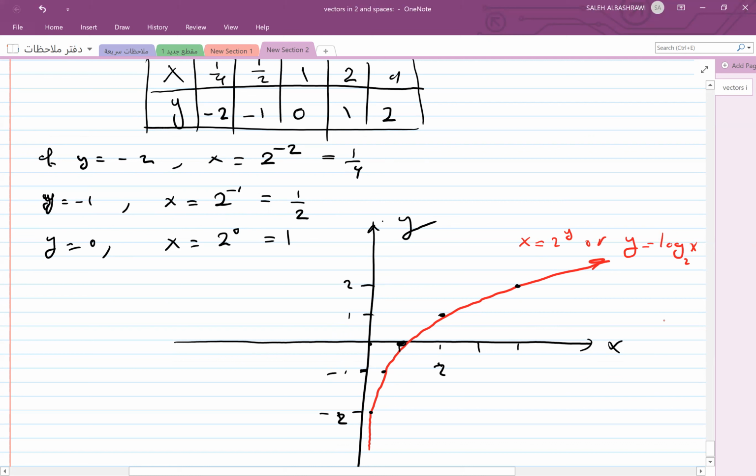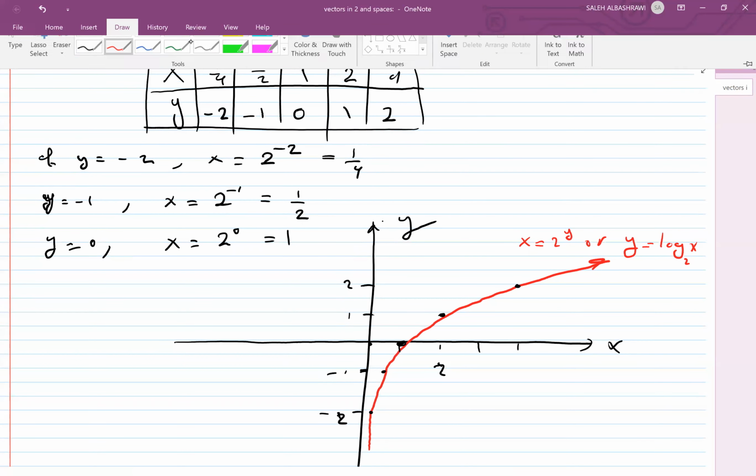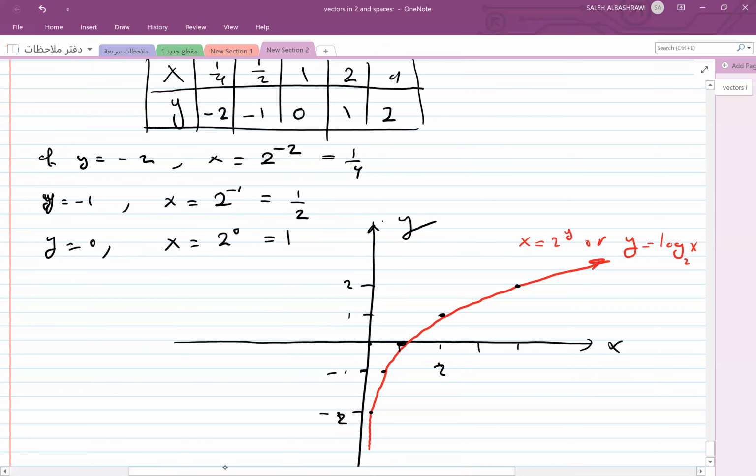As we mentioned before, the logarithmic function is the inverse of the exponential function. And as we said before, if we graph the function and its inverse, we will see they will be reflected around the line y equal to x.